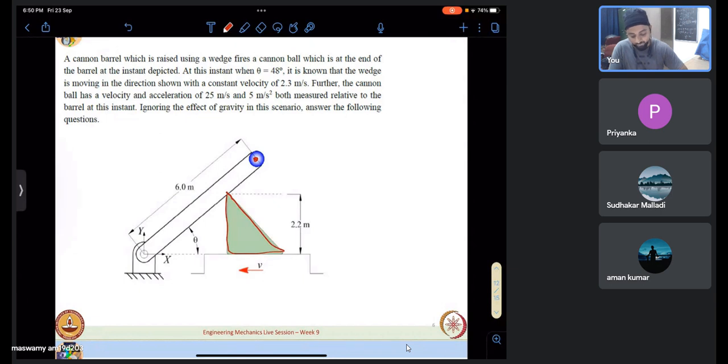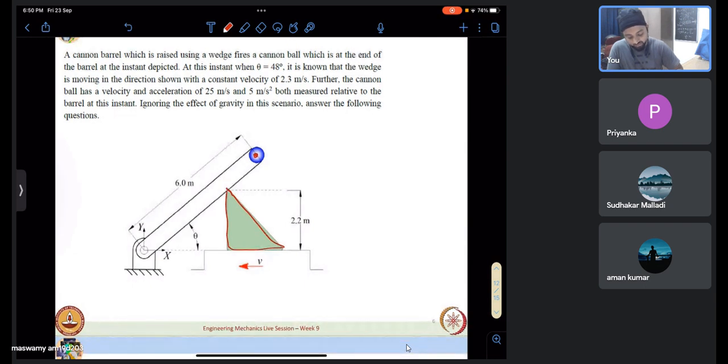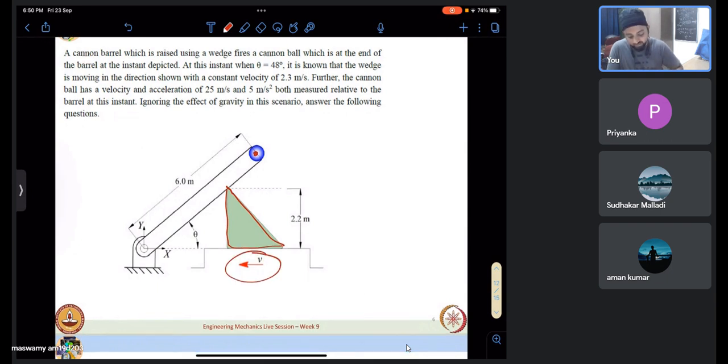Further, the cannonball has a velocity and acceleration of 25 meters per second and 5 meters per second squared, both measured relative to the barrel.